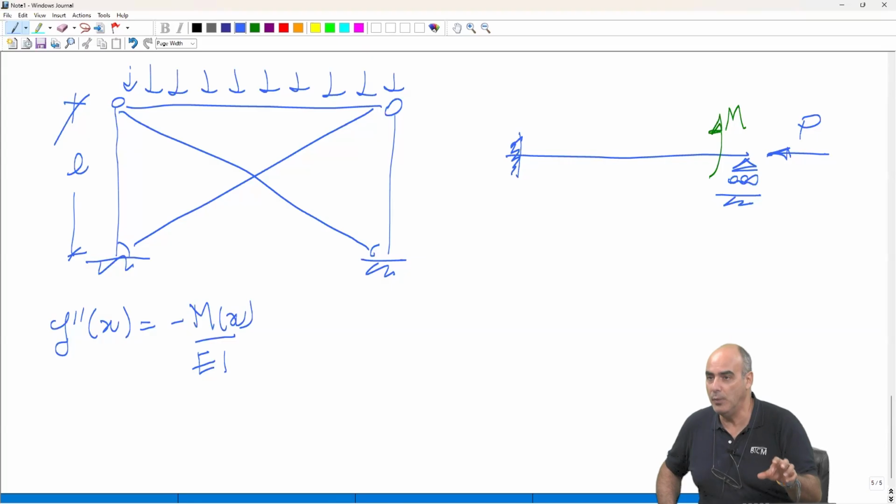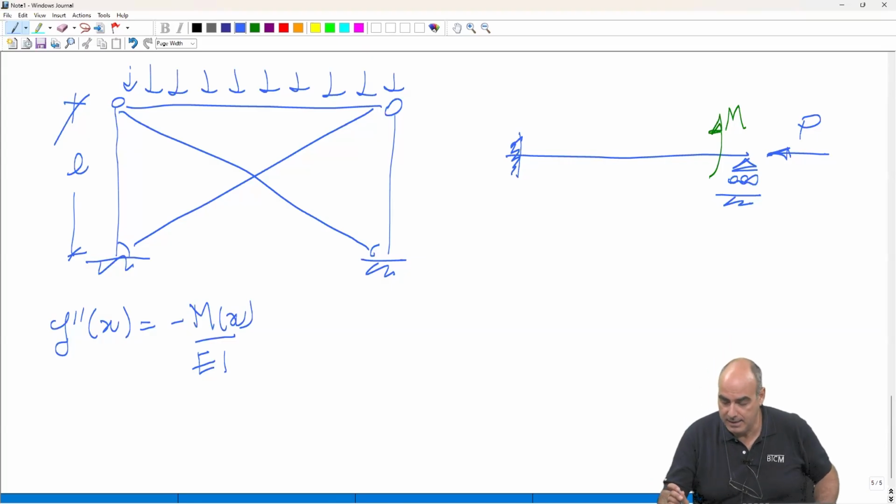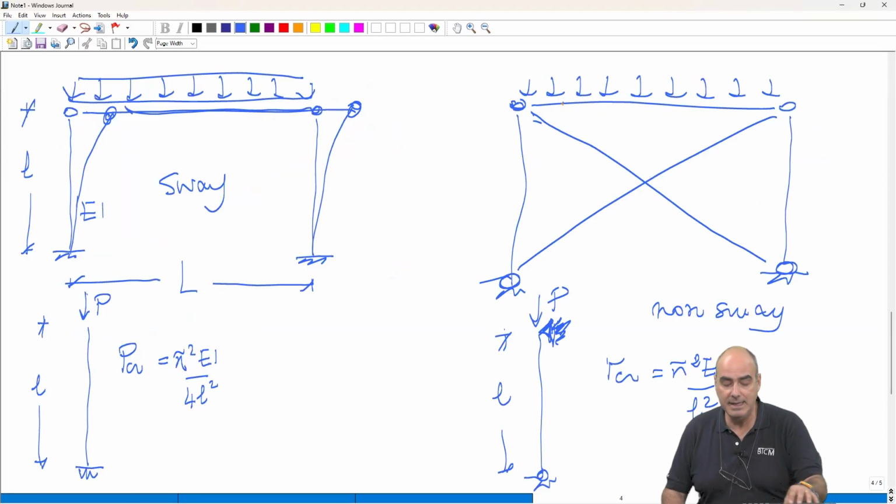That equation, we applied it in the cases that we have seen before, the cantilever, the simply supported beam, because both of these cases are statically determinate structures. So we can calculate the bending moment only from equilibrium. The bending moment is independent of the deformation state.